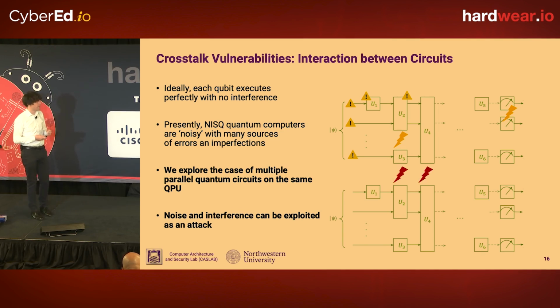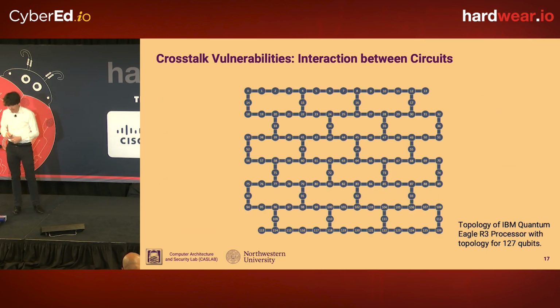This is how we're exploring how you can exploit that interaction as a security attack. If you remember anything, this is the picture of the crosstalk: one circuit executing next to another circuit through the substrate of the superconducting chip can cause crosstalk that affects another circuit.